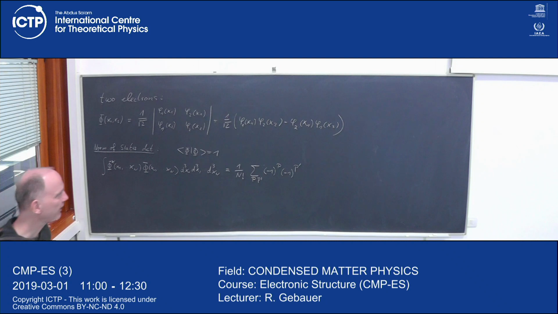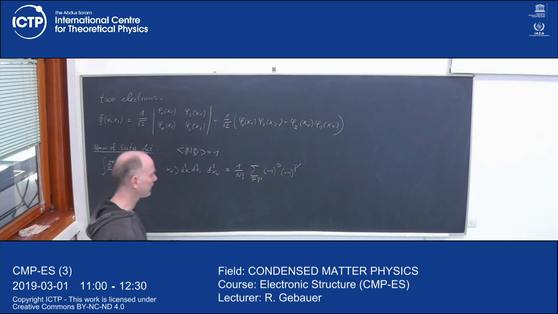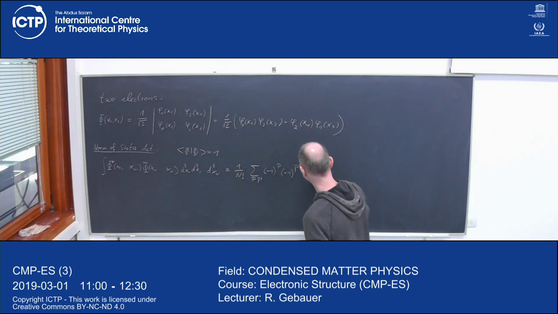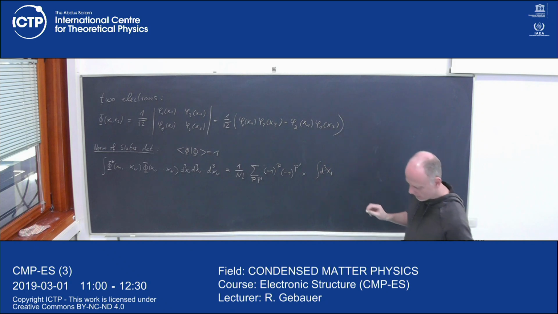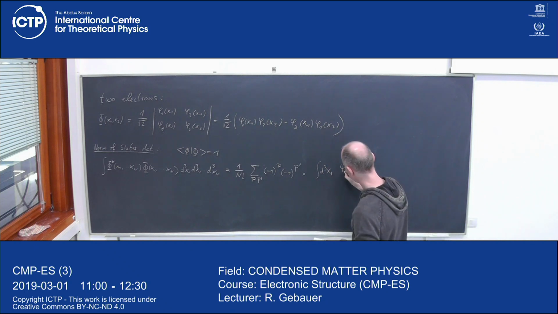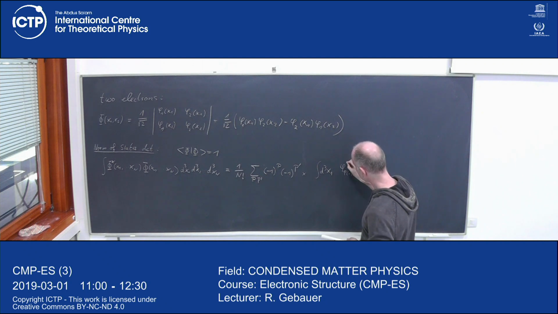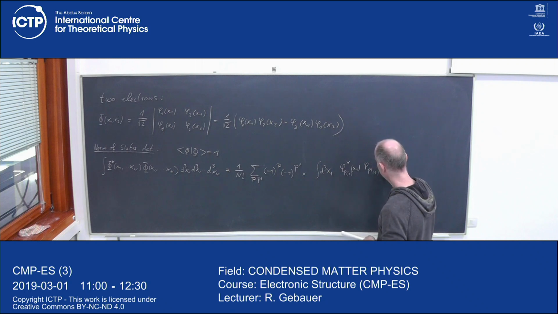So you have this here, and then now you have all these integrals. You have this multiplied with the integral d3x1, and on x1 we have phi p of 1 of x1 complex conjugate phi p prime of 1 of x1.